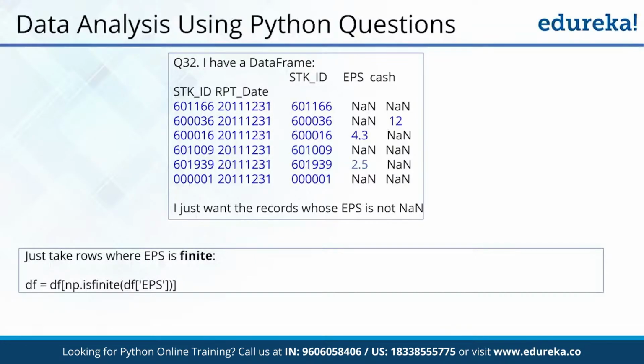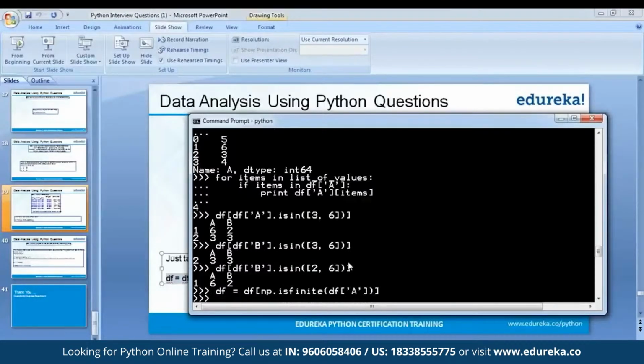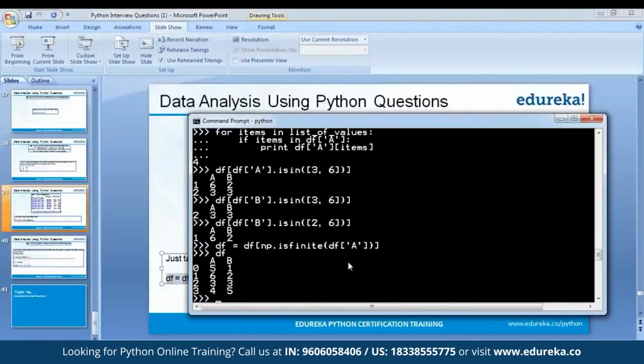It takes missing numbers as not a number. In that case, how do you get only the ones which are not a number? You just give df dot is finite of so and so. For example, if we do it here, it will give you only the finite values.